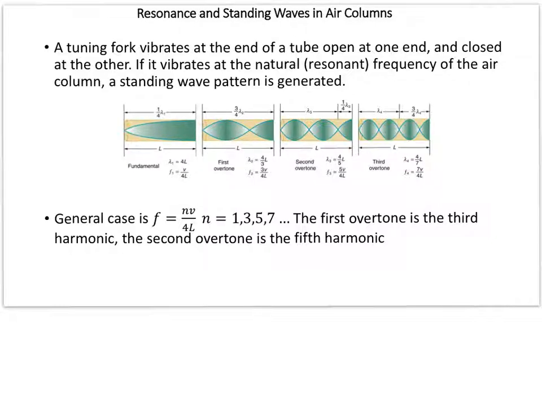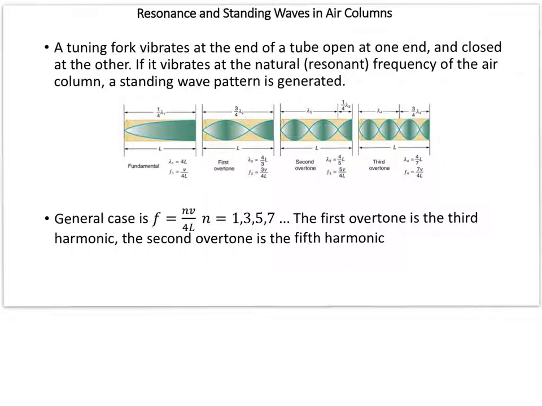This is called the fundamental. And you'll notice here that the length of the air column is 1/4 of the wavelength of the wave. So if we put that into the equation, that frequency is equal to the velocity divided by the wavelength, then the wavelength is 4 times the length of that tube.